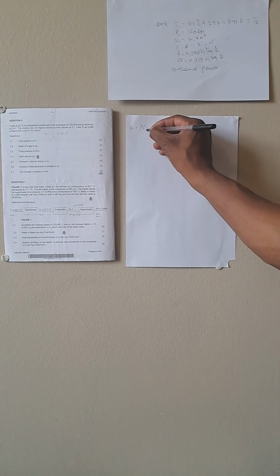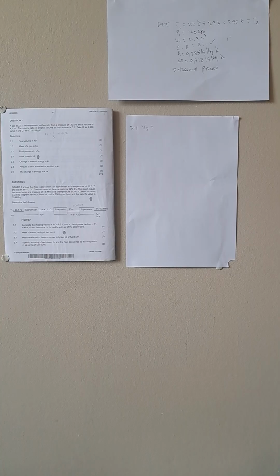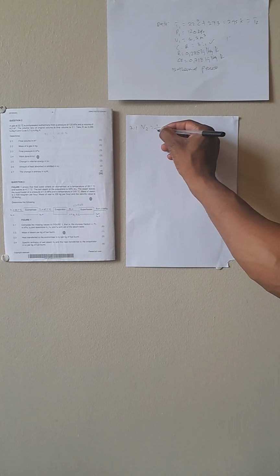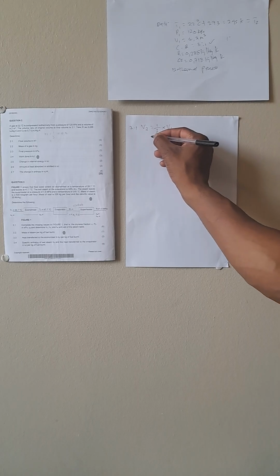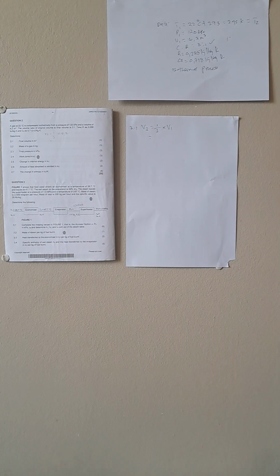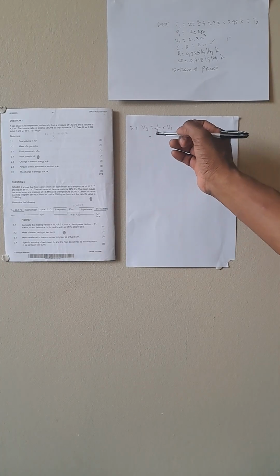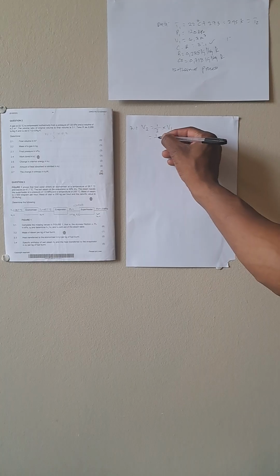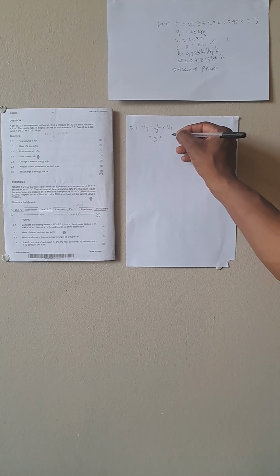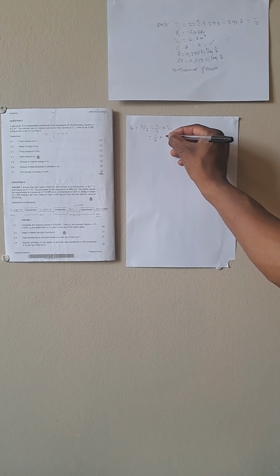To get our V2, we just apply that compression ratio. It becomes 1/3 times our original volume, V1.